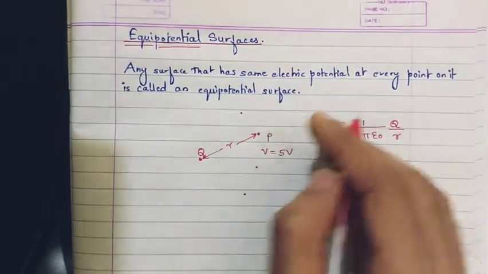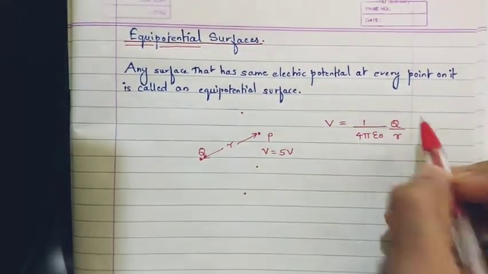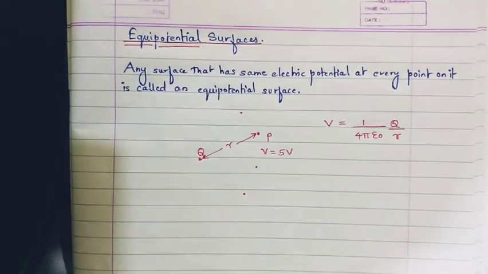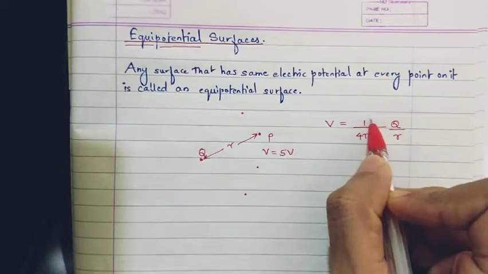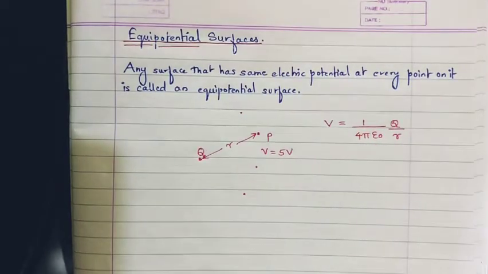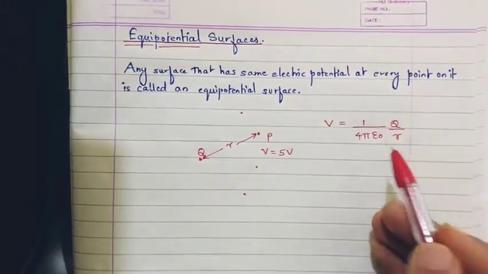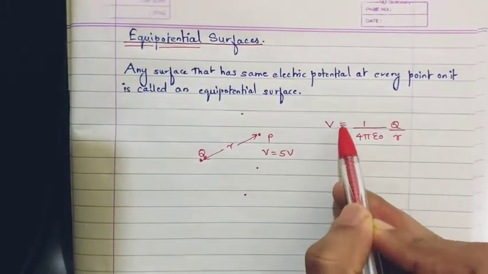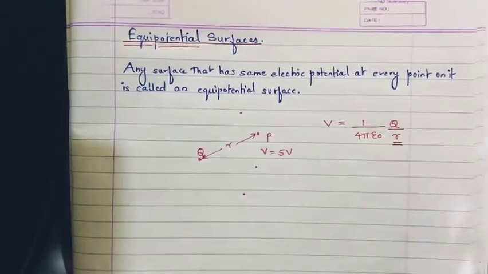For this particular charge, Q will remain constant. We want our V to remain constant, and 1 upon 4 pi epsilon naught is already a constant, 9 into 10 raised to 9. So if Q is constant and 1 upon 4 pi epsilon naught is constant, then for the potential to remain constant, our R should also remain constant.